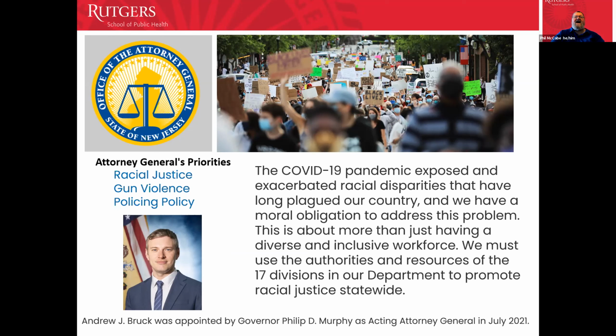This is about more than just having a diverse and inclusive workforce. We must use the authorities and resources of the 17 divisions of our department to promote racial justice statewide. That's a very powerful statement coming from any Attorney General, but particularly I think we can be proud in the state of New Jersey, how they are recognizing the impact of racial inequalities on our communities, particularly for people of color.